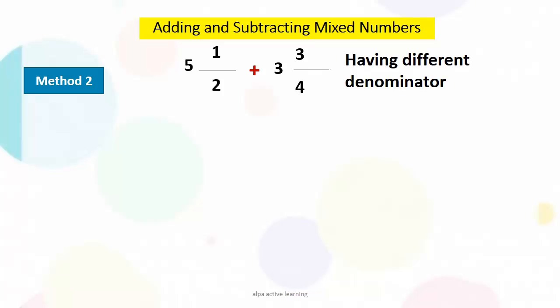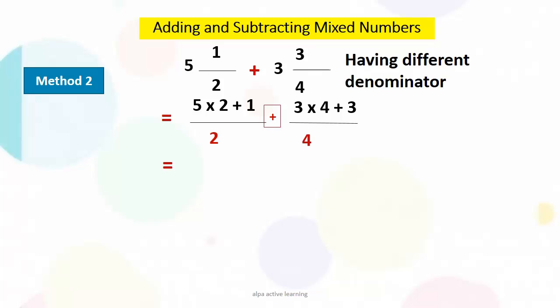Now the same sum can be done again another way. We'll directly convert this number. So 5 twos are 10 plus 1, it is 11/2. 3 fours are 12 plus 3, so 15/4. But again, the denominators are different.